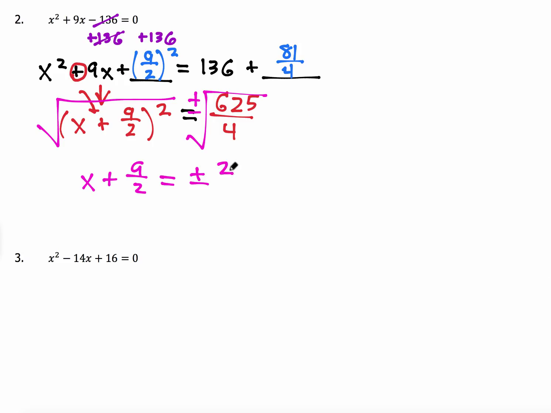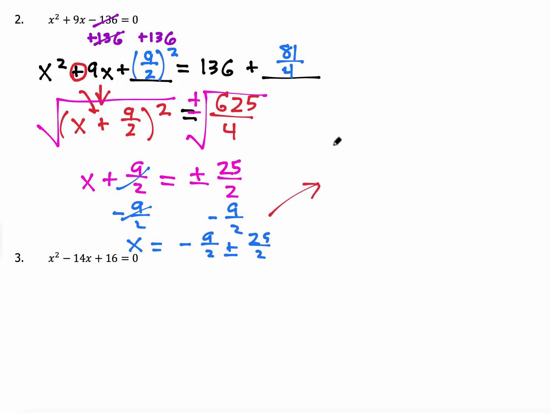So this is x plus 9 halves equals plus or minus 25 halves. And then to solve for x, I need to subtract 9 halves from both sides. So that gives me x equals negative 9 halves plus or minus 25 halves.